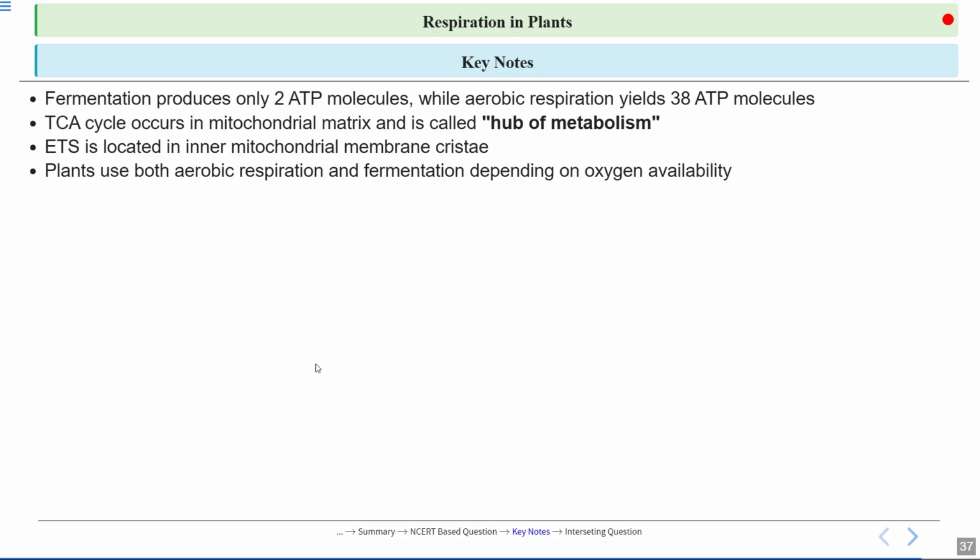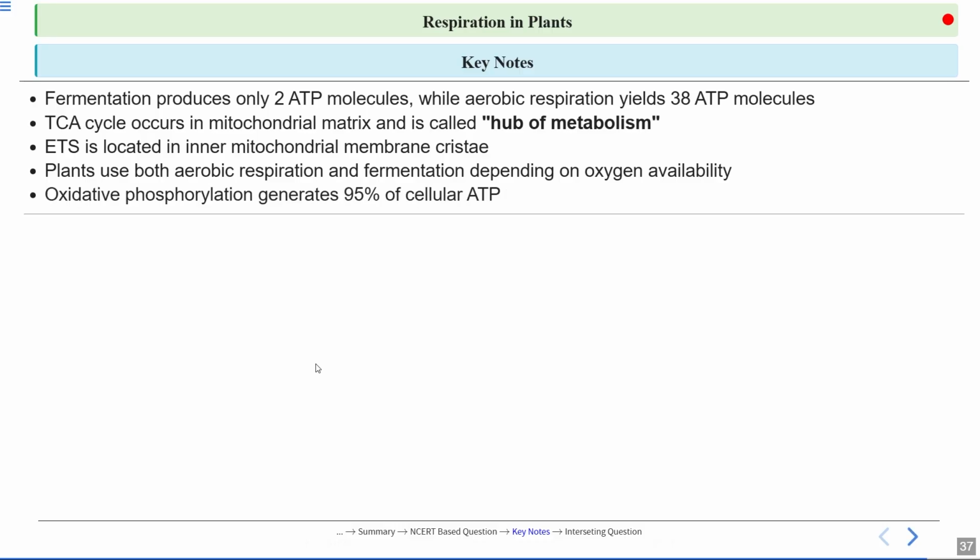Plants use both aerobic respiration and fermentation, depending upon the oxygen availability. Finally, it's important that oxidative phosphorylation is responsible for generating about 95% of the cell's ATP, making it the main power source for the cell.